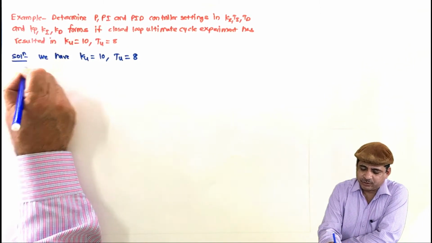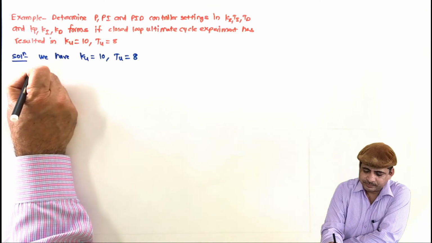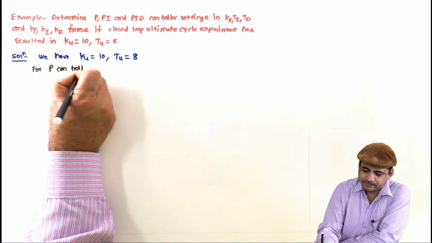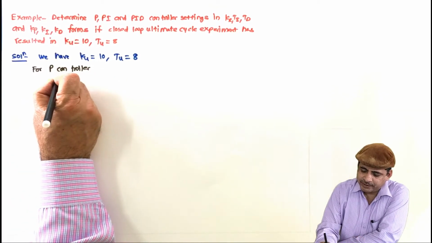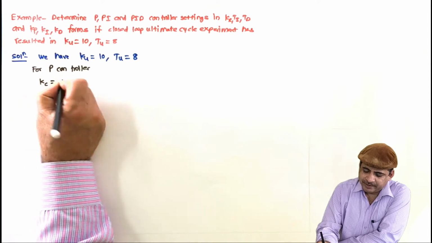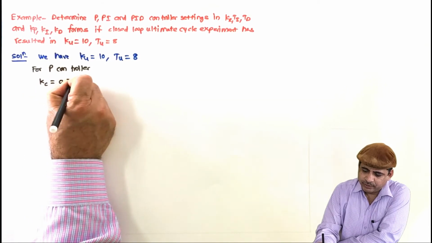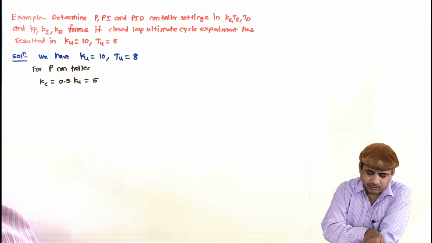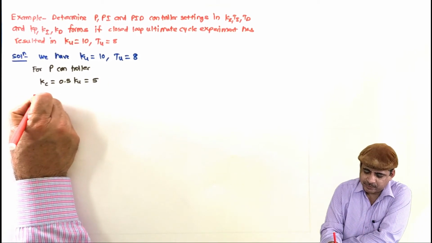And then for P controller, we will take both forms now. Kc is equal to 0.5 Ku, that is 5. Then next is for PI controller.